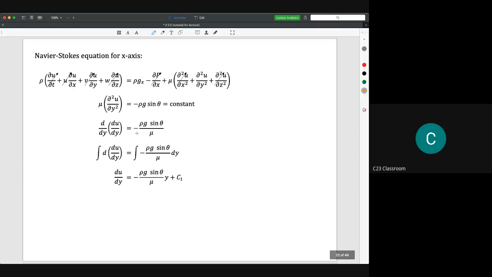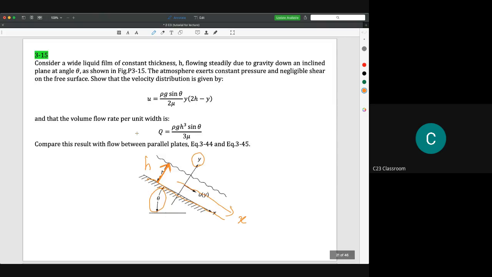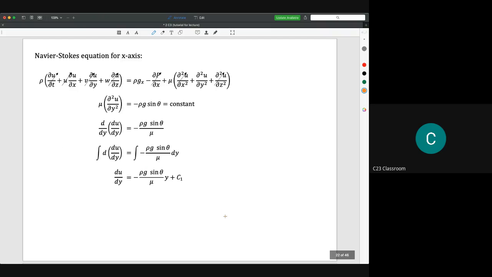First, because we are discussing the x-axis here, we use the Navier-Stokes equation for the x-axis, and I hope you could write the Navier-Stokes equation like this one, and then we could simplify everything. For sure, we are discussing a steady flow, so du/dt is equal to 0.